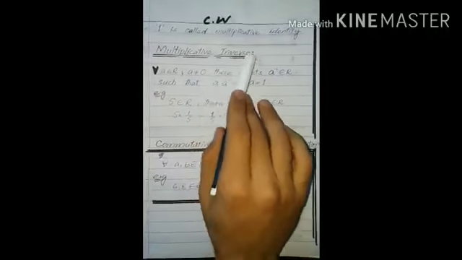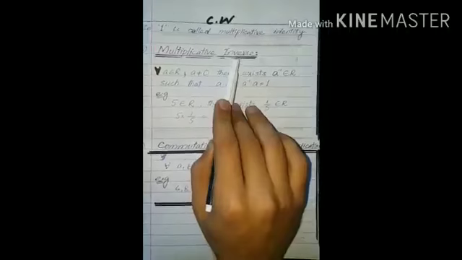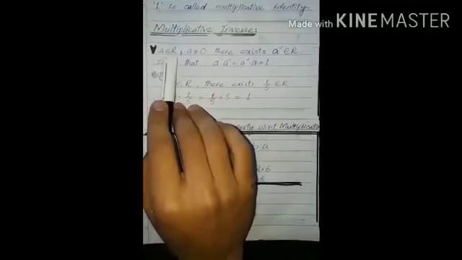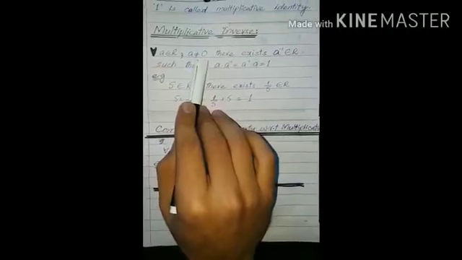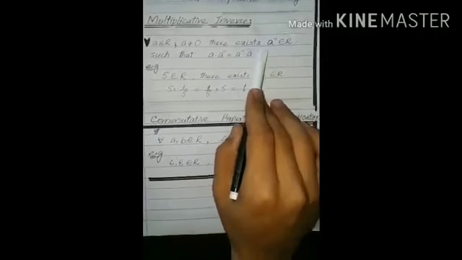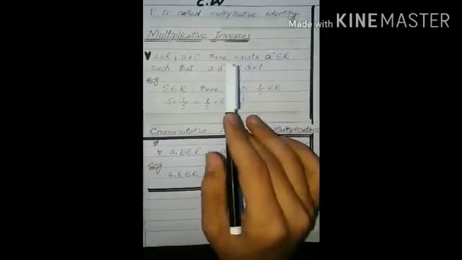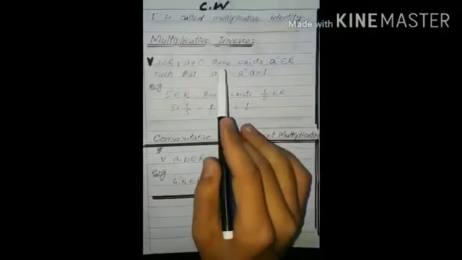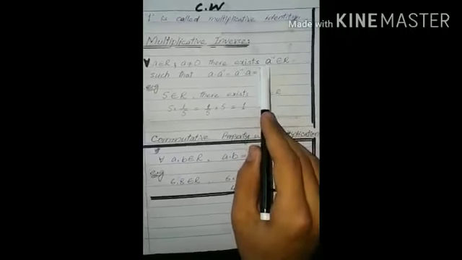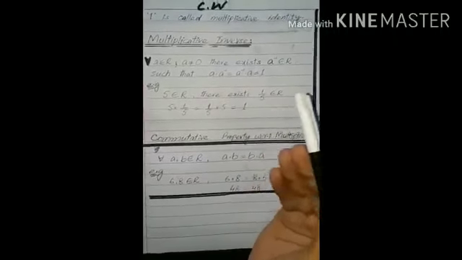Now the next property is multiplicative inverse. Again, here we have the word inverse, so we'll talk about the opposite of the given number. It says for all a belongs to R, where a is not equal to 0, a cannot be equal to 0, there must exist a inverse belongs to R. In multiplication we represent the opposite number of a number with a inverse, and in the addition property we represent the opposite number with a prime.